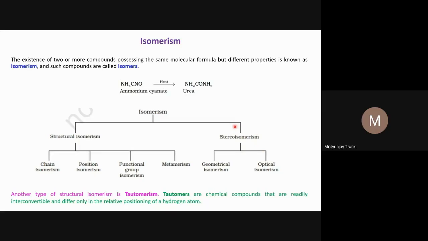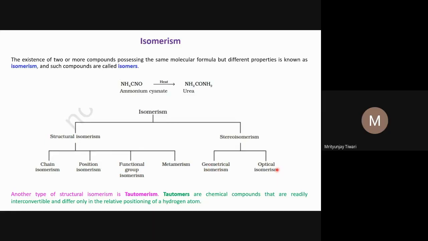All the atoms are the same, and the pattern of covalent bonding is also the same, but the orientation of different groups is different. Stereoisomerism is of two types: geometrical isomerism and optical isomerism.